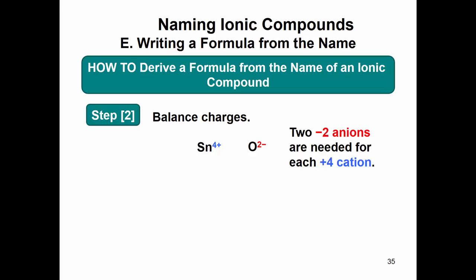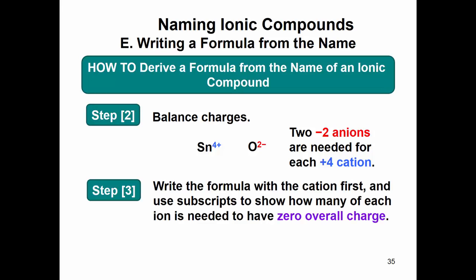So we have -2 anions, so in our formula we're going to need 2 oxygen atoms, because 2 times -2 gives us -4. Our charges have to cancel, or they have to balance.